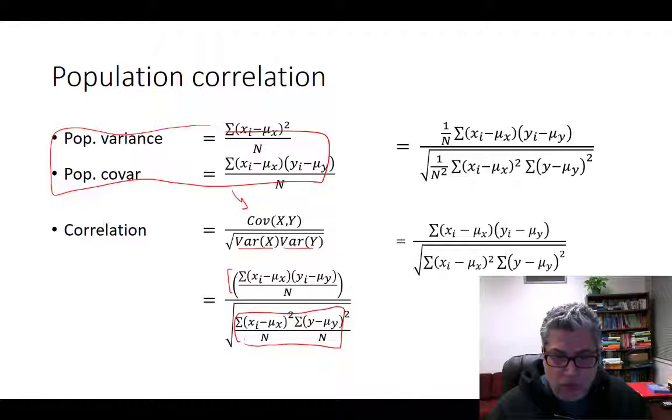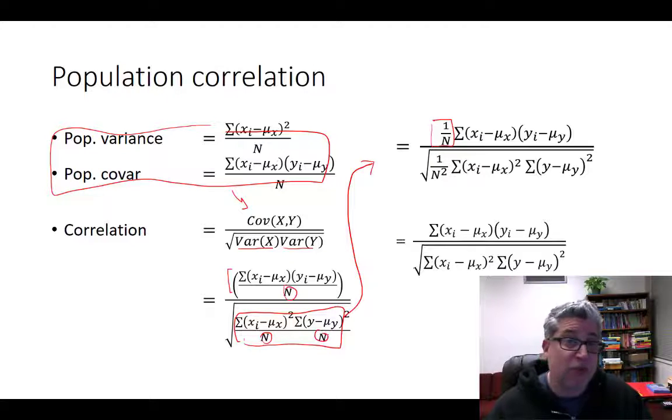And if we keep working and just substitute and simplify, we can pull out a 1 over n from here. So we do that right here just by pulling out the 1 over n. But n is also here. We can pull out this n and pull out this n. So it's a product of two n's, so it's an n squared. And then notice that we've got the square root of 1 over n squared.